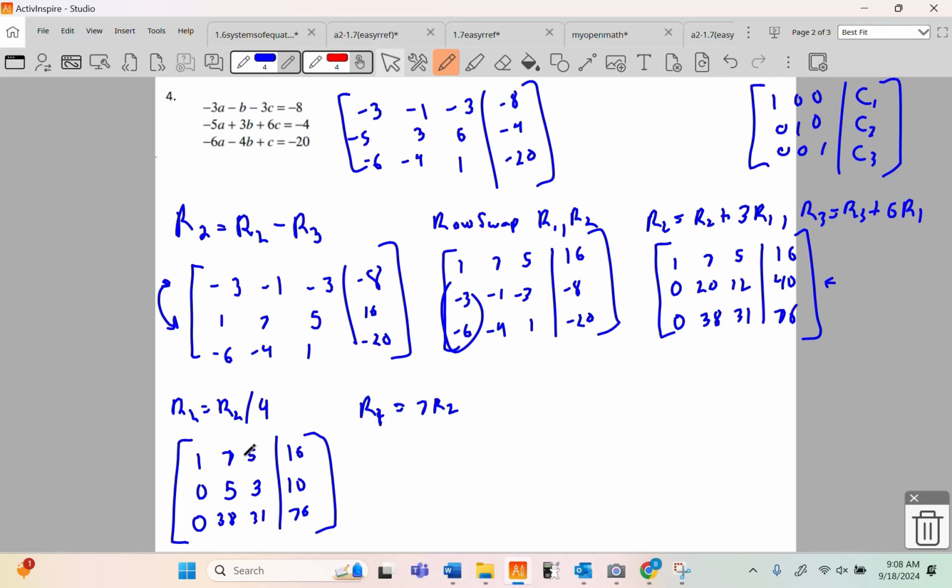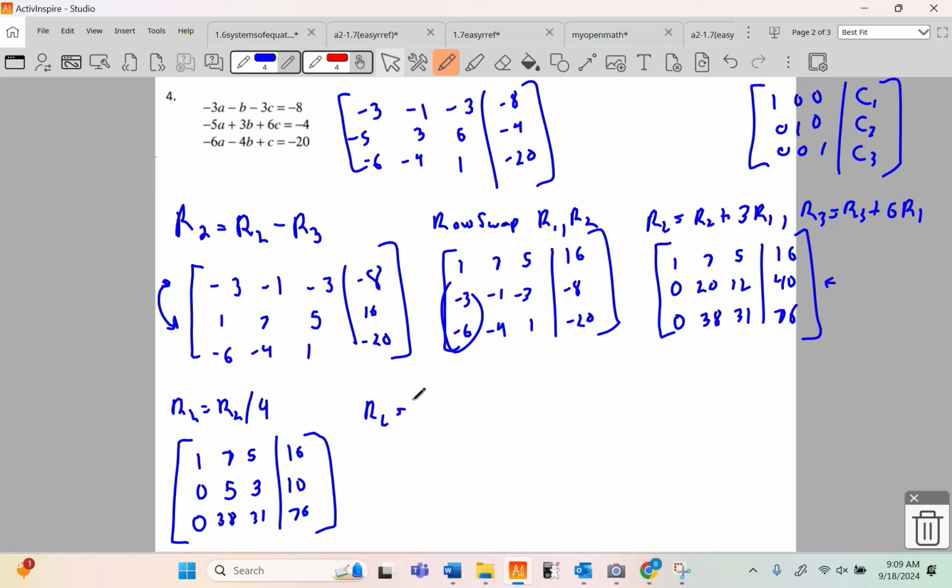I don't like how the numbers have gotten, and I want to make sure I didn't make a mistake. These numbers are about to get a lot different. No, the numbers are right. It stinks. This thing's about to get some fractions.